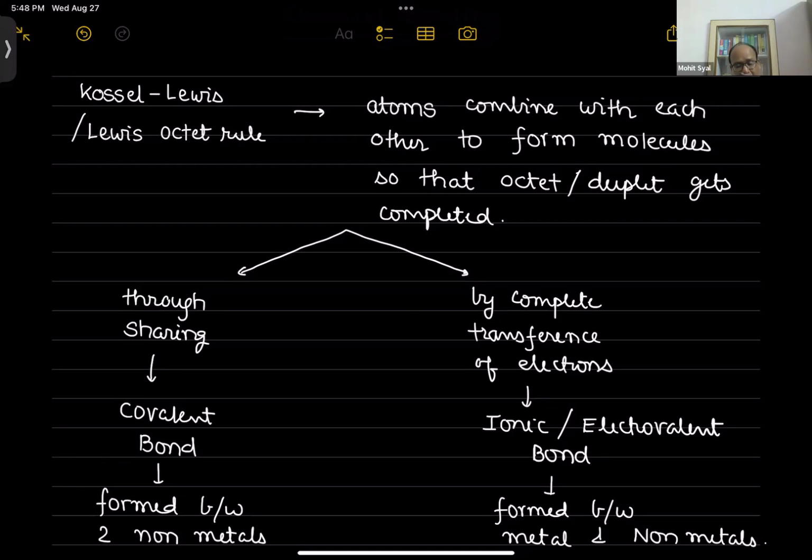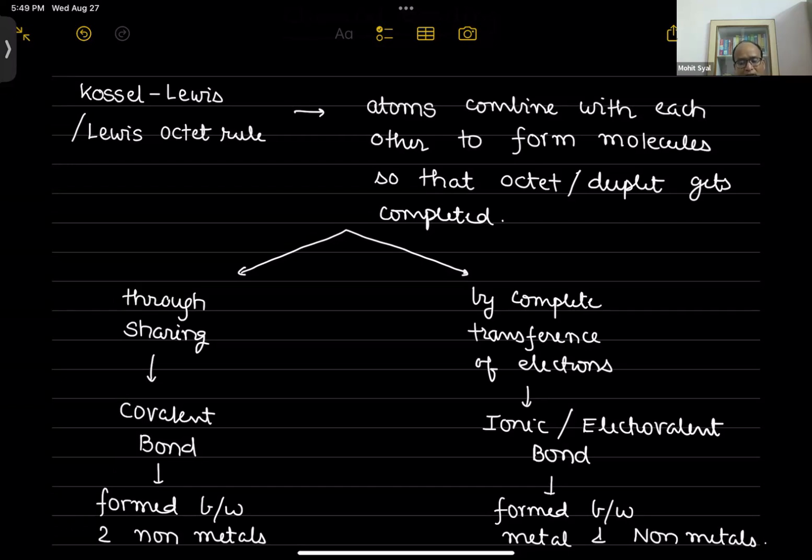Yeah, something like that. Actually, the universal statement you can make is attainment of stability. Is it clear? Yes, sir. So why do atoms participate in bond formation? Which statement is always true?